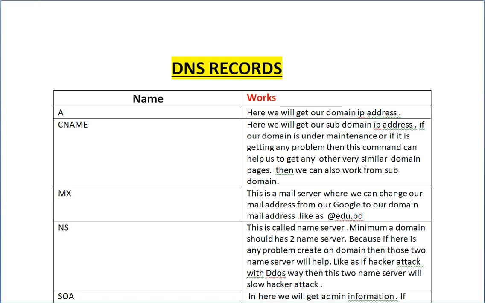From my screen, if you see the NS, what is the NS actually? On my screen, the NS means name server. It is used to protect my system from hackers. Sometimes a hacker creates a DDoS attack on a server.